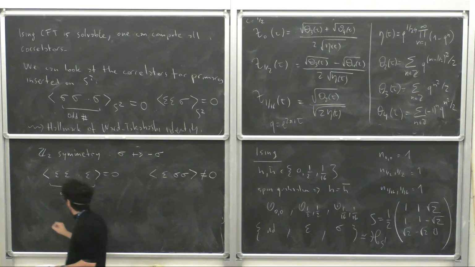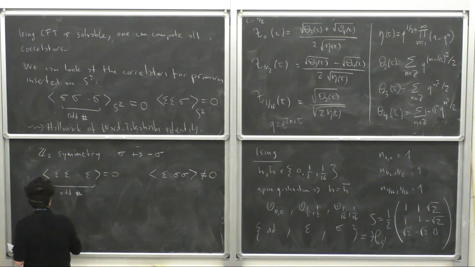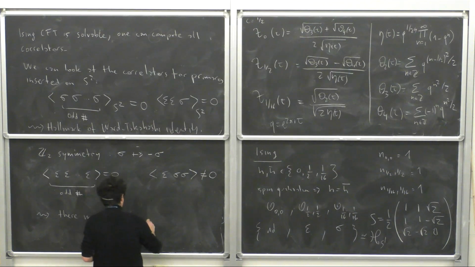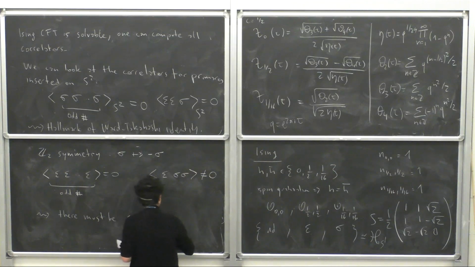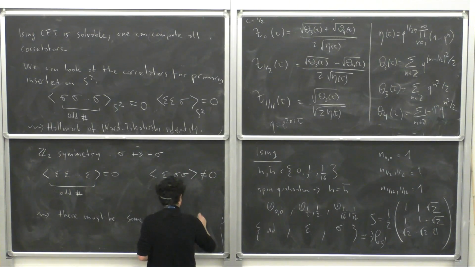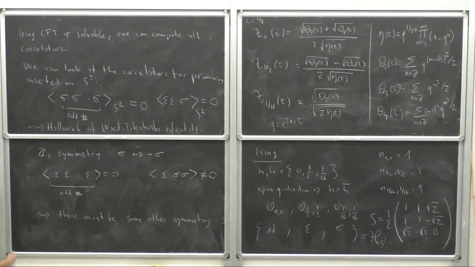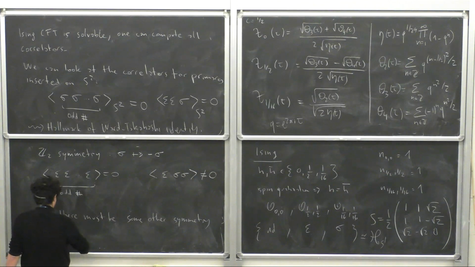So this indicates that there must be some other symmetry here that explains these vanishings, which is not just a Z2 symmetry.